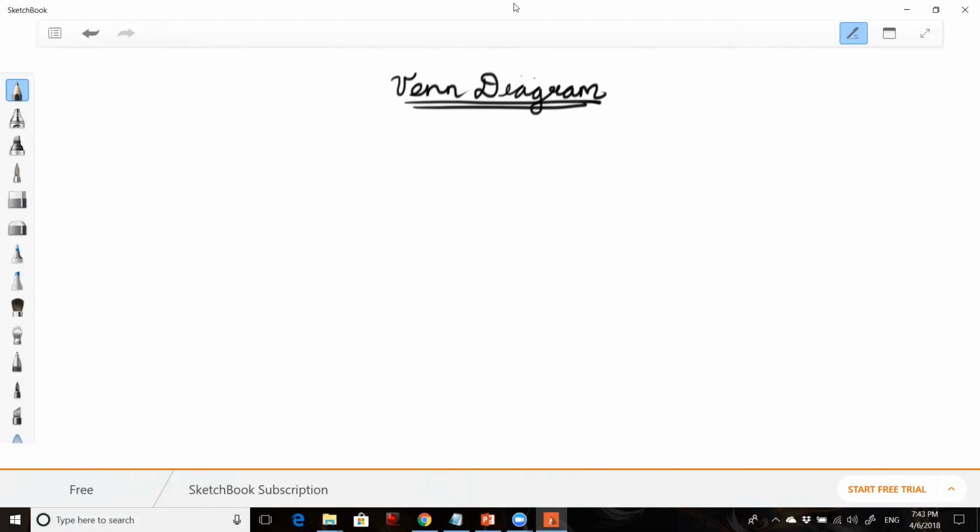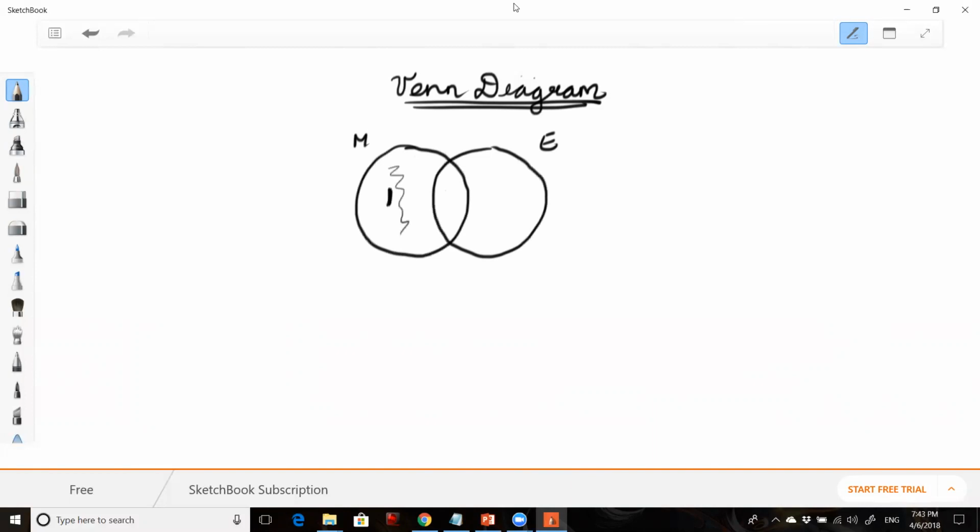Right, so we're going to start with a 2-set Venn diagram. I'm going to say that this circle consists of all the students who've passed math, and this circle consists of all the students who've passed English. And I'm going to number the regions that the circles represent. I'll call this region 1, the intersection region 2, this region 3, and I'll keep an outer region 4.